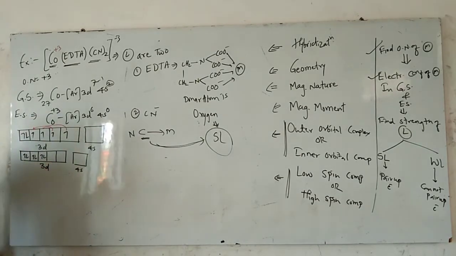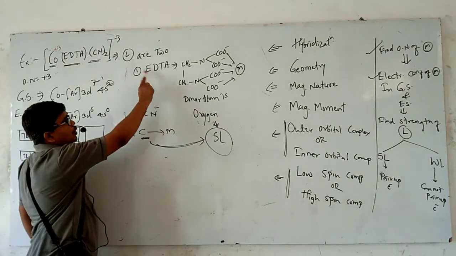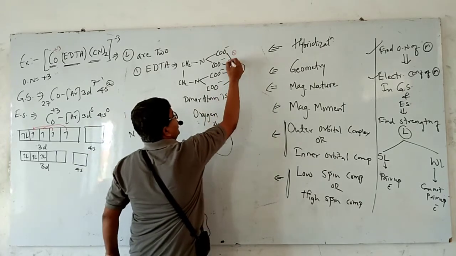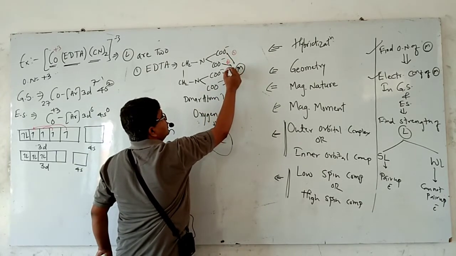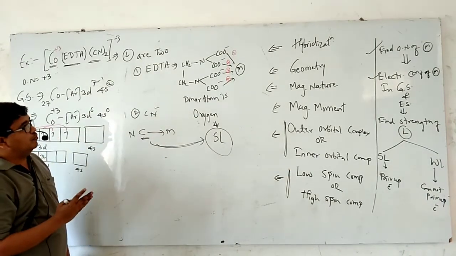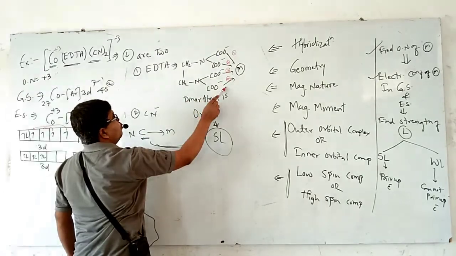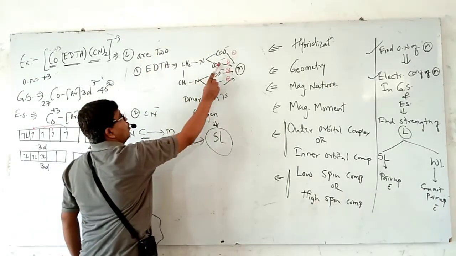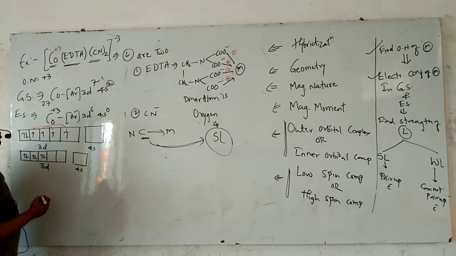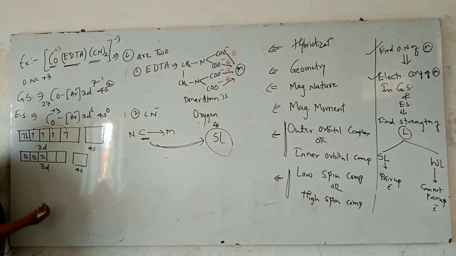Okay. Now see, EDTA is a single ligand, but it forms 4 coordinate bonds. Ligand is 1, but the number of bonds formed are 4. Single ligand forms 4 bonds. So EDTA can form 4 bonds. 4 bonds means total number of electrons will be 8.